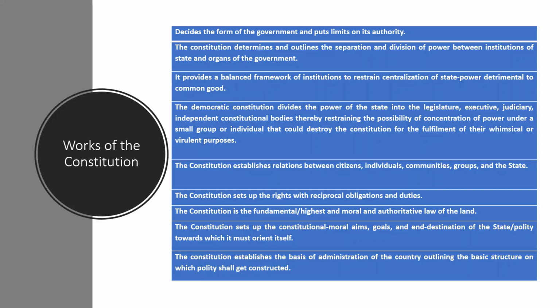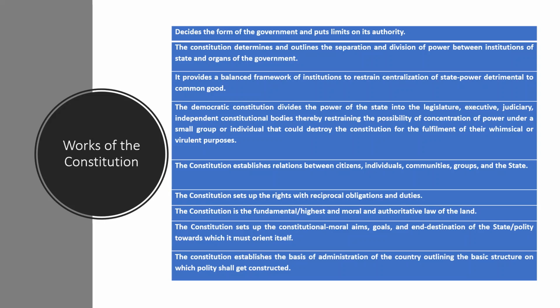Third, it provides a balanced framework of institutions to restrain centralization of state power detrimental to common good. Now, many times you all write words like concentration of power or deconcentration of power. If you are preparing for UPSC, don't use these vague statements. Rather, you should always try to write like this, that centralization of state power. Why? Because it is detrimental to common good. Moreover, if you are linking it to the doctrine of separation of power, you can write that it is detrimental to ensuring and maintaining individual liberty.